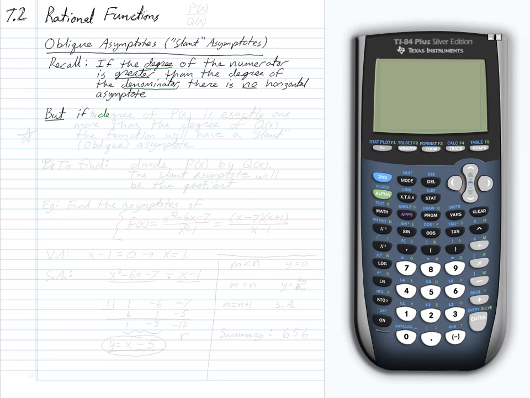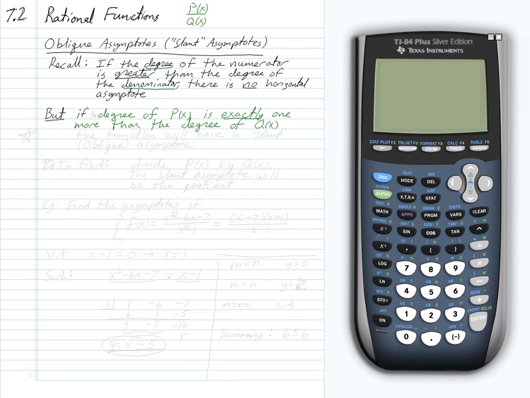So if the degree of the numerator, we'll call that p of x, if our general layout of a rational function is p of x over q of x, if the degree of the numerator is exactly one more than the degree of the denominator, then we will not have a horizontal asymptote.